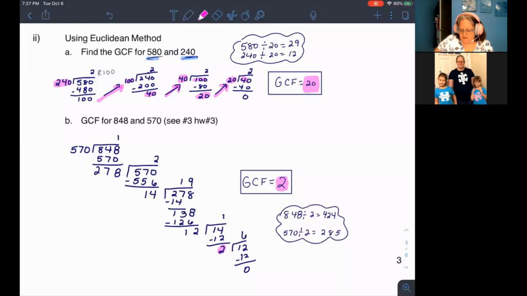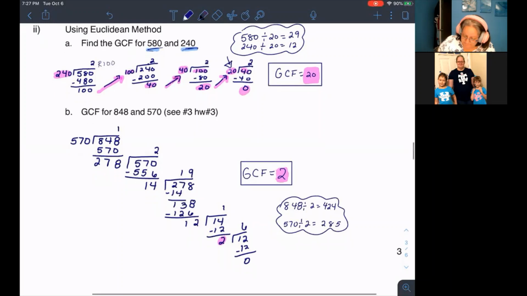So that gives us that 0 remainder, and this 20 is now our greatest common factor. So if you divide 580 by 20, you get 29, and 240 divided by 20 is 12. So that's the greatest factor that both of those numbers have in common.